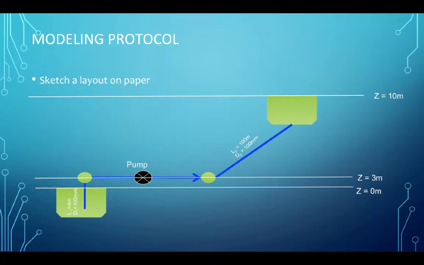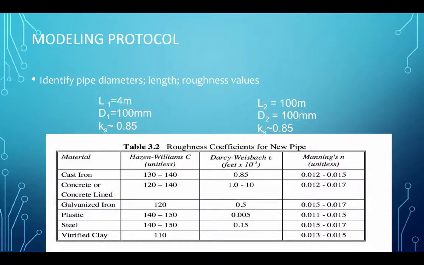So here's the layout on the paper. And in fact, I'll actually screen capture this and do that as the bitmap because it's got lengths that we need, diameters, elevations. The only thing it doesn't have is the roughness height, which is on the next page. So we're going to use a sand roughness of 0.85 millimeters.